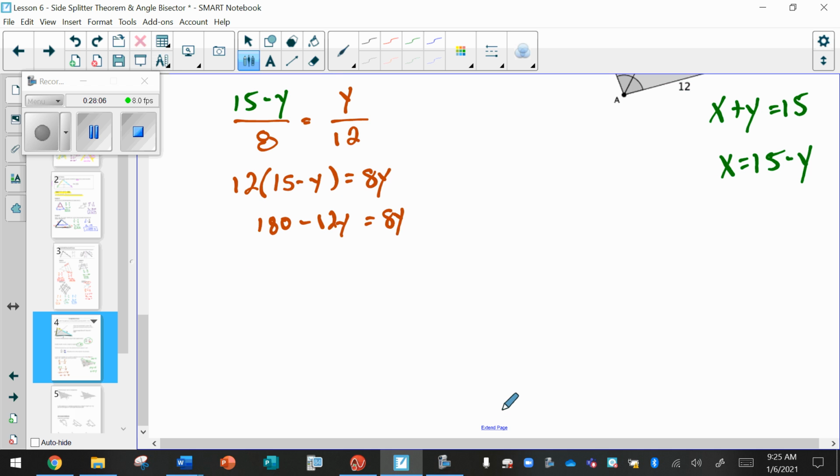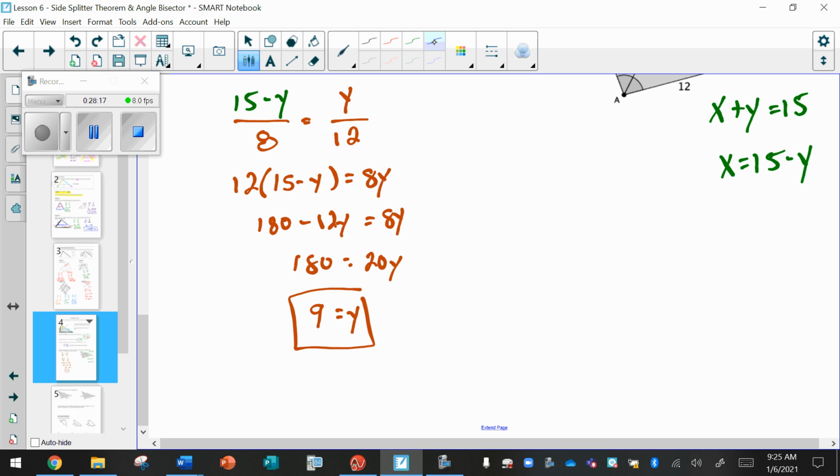You're going to add 12y to both sides. And you're going to divide by 20. And now that we know y is 9, x is 6.